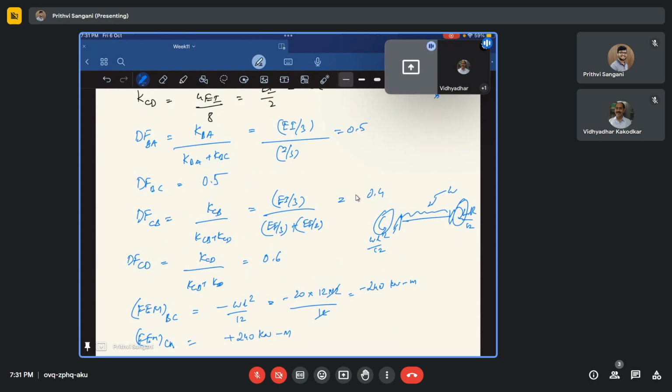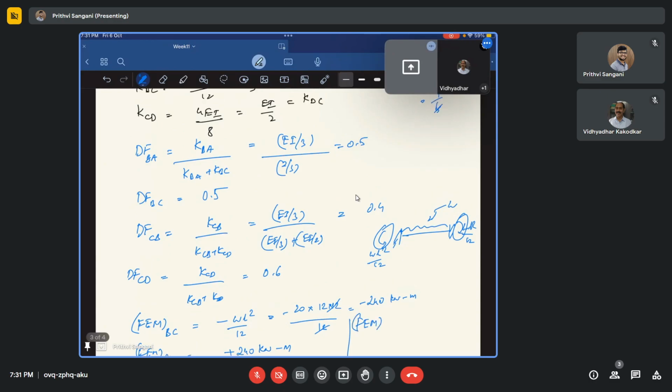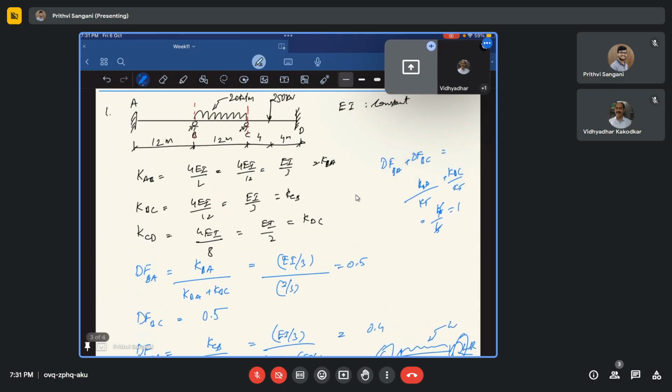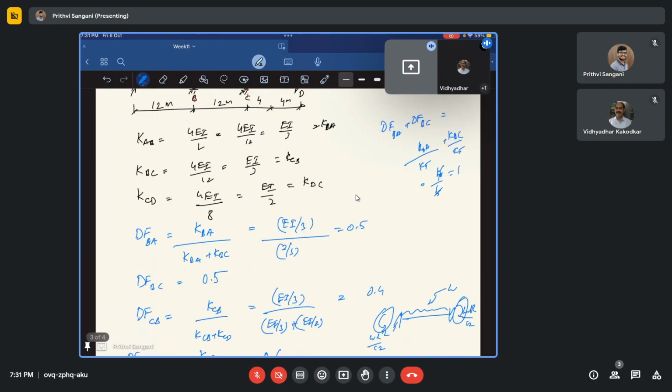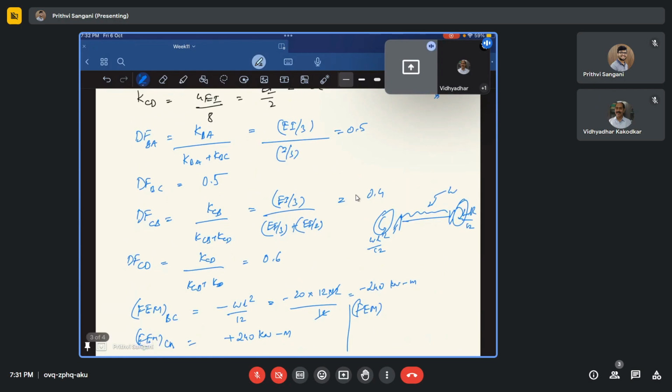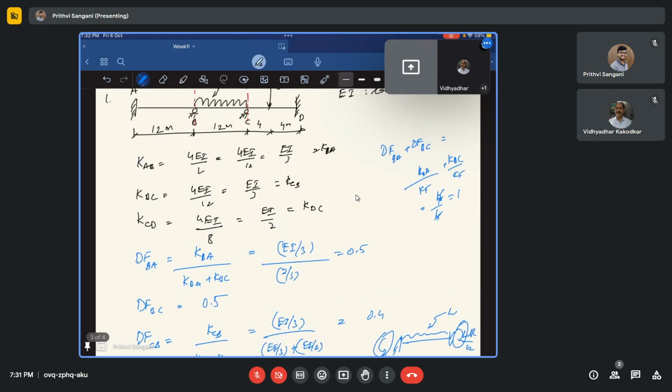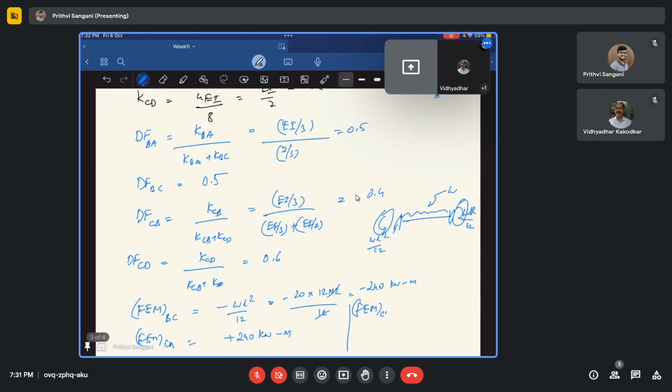Okay. Just for completeness, I'm writing all the other fixed end moments here itself. For CD we have a point load at the midpoint, right? So it is WL by 8. So remember it is WL by 8 or PL by 8. So FEM CD is minus PL by 8, that is minus 250 by 8 by 8.